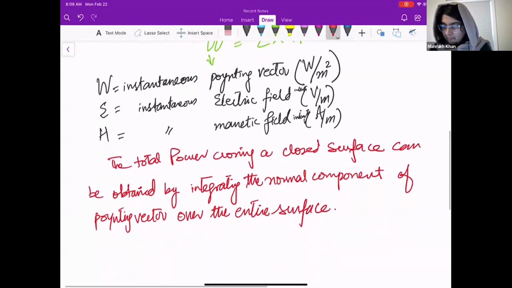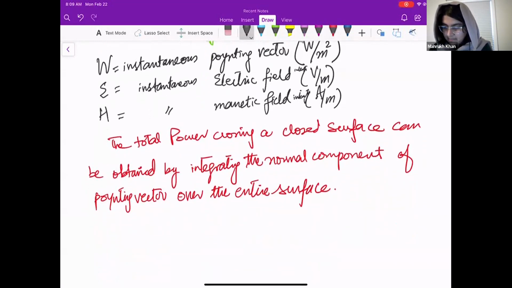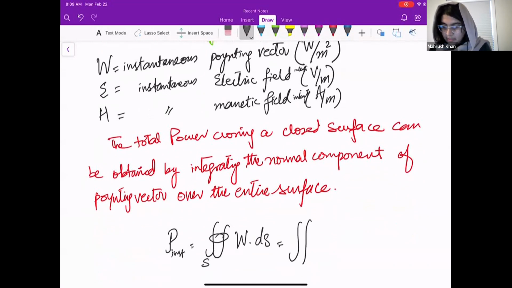So if I define this as the instantaneous total power, it will be the integral over the surface of W dot n dA, where the unit vector n represents the normal component.